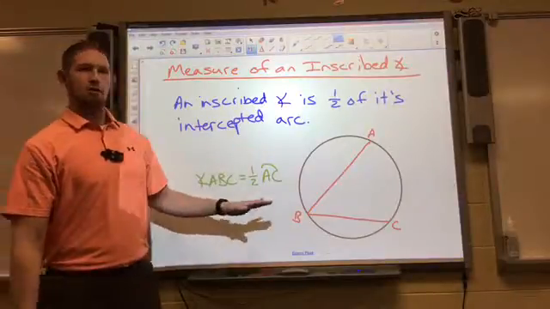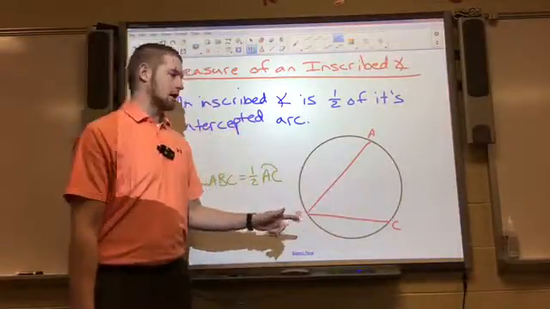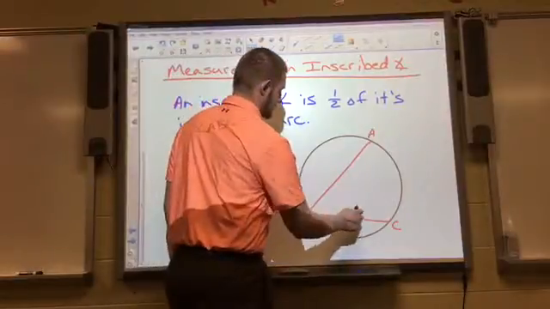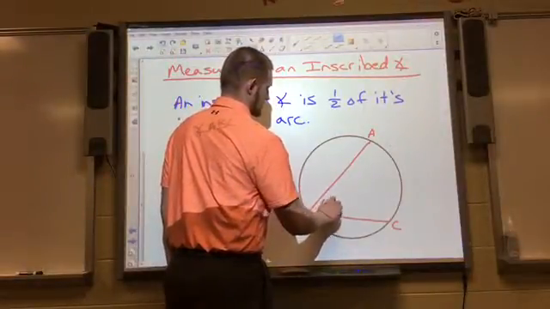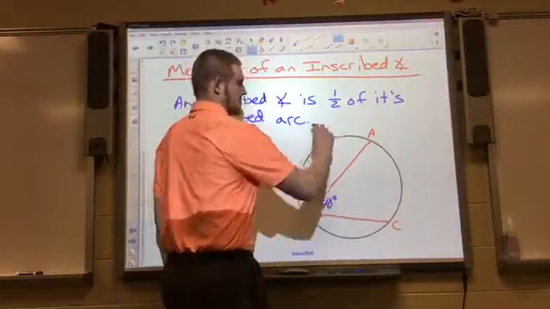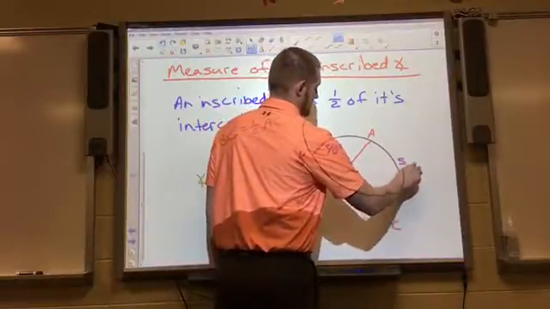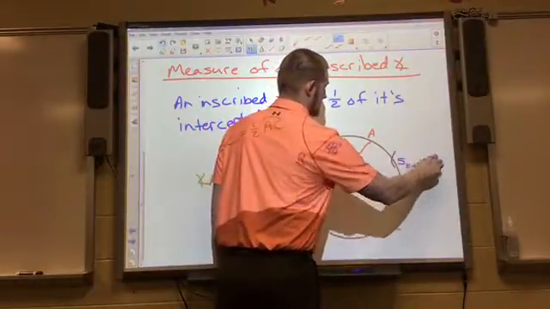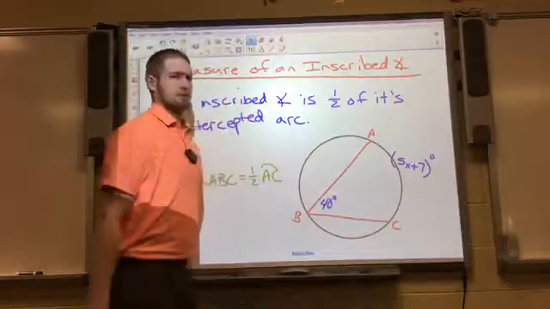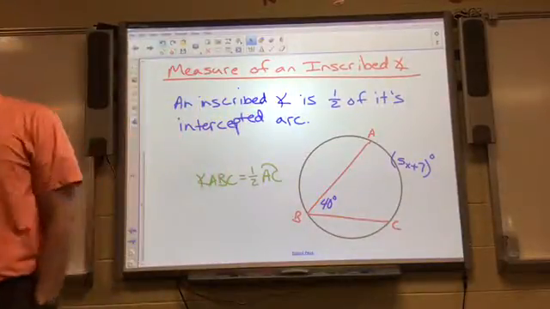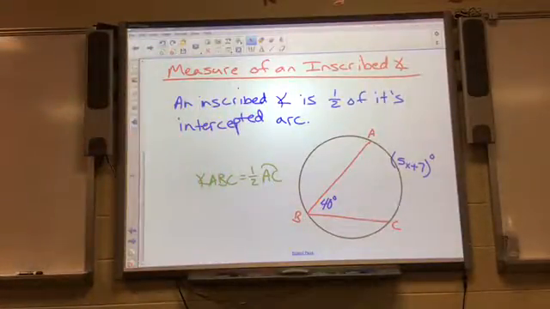Now, we have to know this equation also. Don't just think that you can do it all mentally, because sometimes they might give you something like this. They might tell you that this is 40 degrees, but that arc is 5x plus 7 degrees. What's x? Probably not as easy just to do in your head, right?